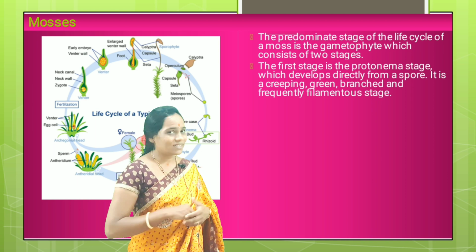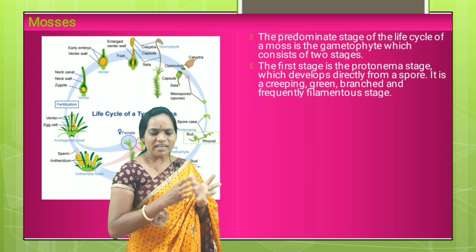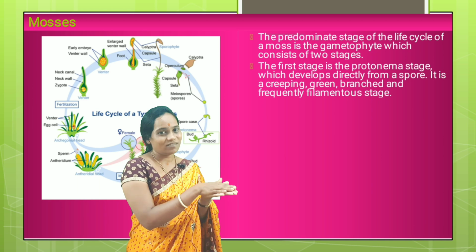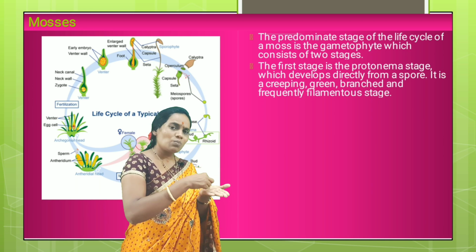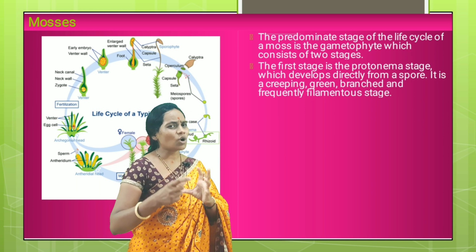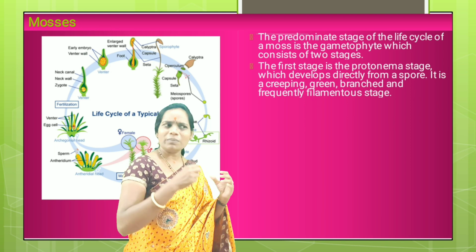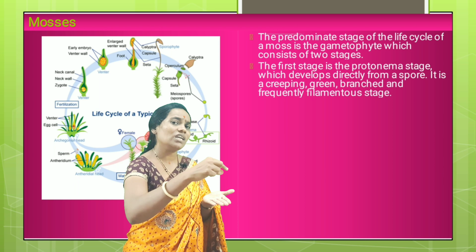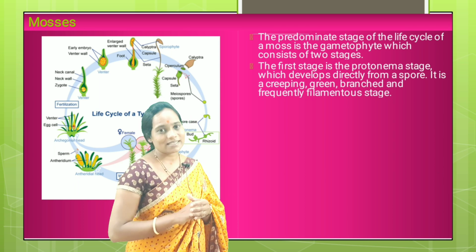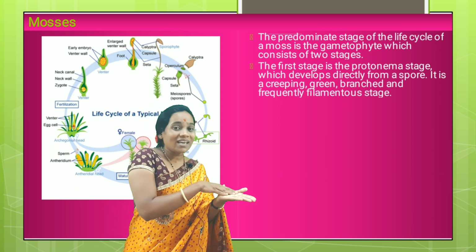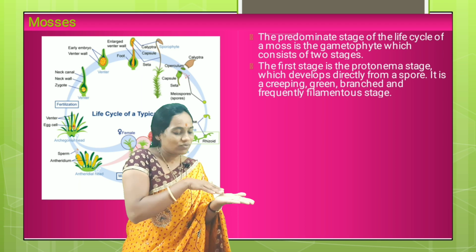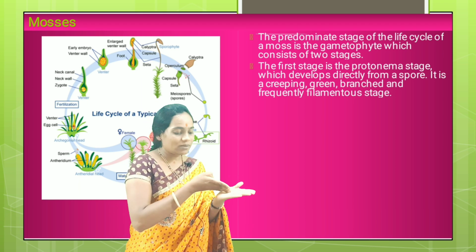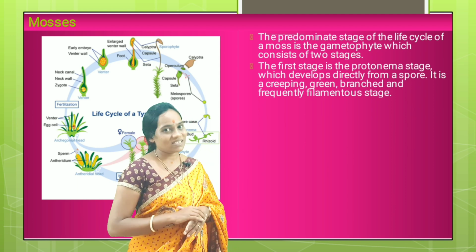How does it appear? It is just a chain of cells, filamentous type. Protonema does not have a complex body structure; it is a chain of cells creeping along the ground, and sometimes it gets branched.